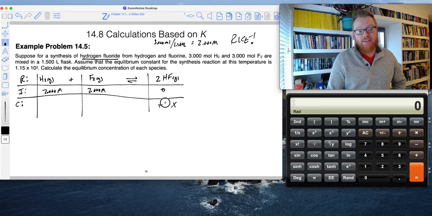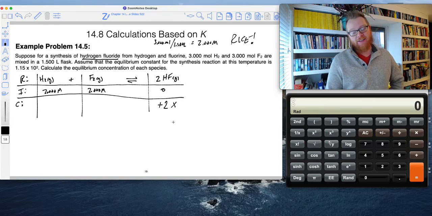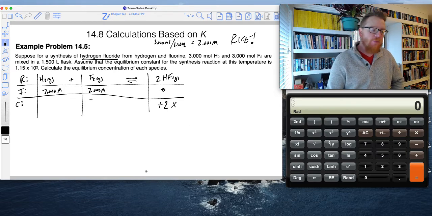So that means this has to be a plus 2x. If this was a 3 in front of HF, we'd have to say plus 3x. So that coefficient is going to get our stoichiometry correct. Okay. And so for H2 and F2, there's 1 and 1. And because the product increased, that means the reactant has to decrease.